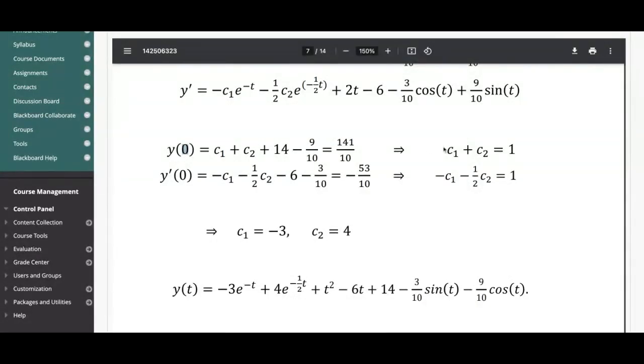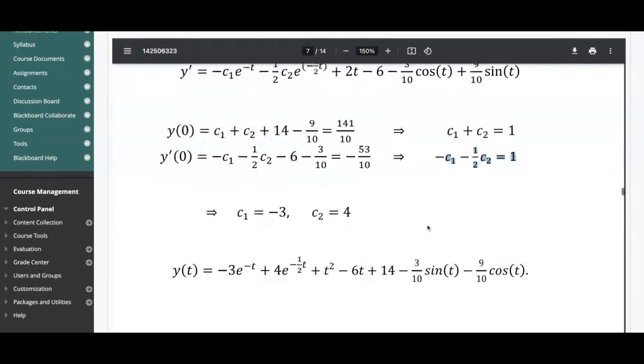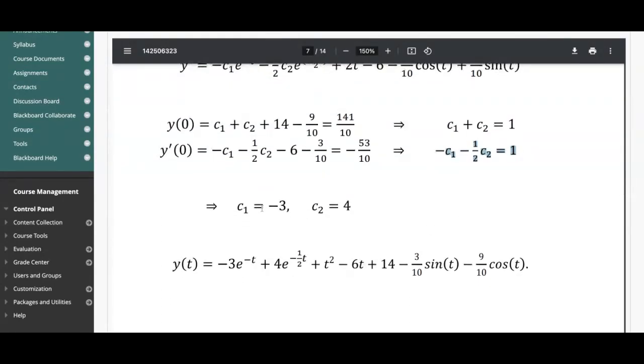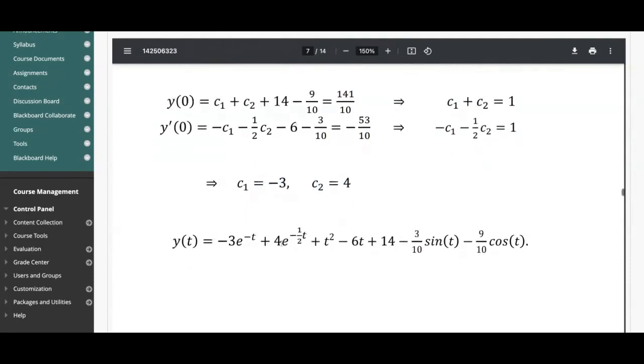So we get C1 plus C2 equals 1. We plug in 0 for y prime of t. Then we get this equation. So we solve the system of these two equations. We get C1 equals negative 3, C2 equals 4. So we do get a particular solution, a unique solution for the given two initial conditions.